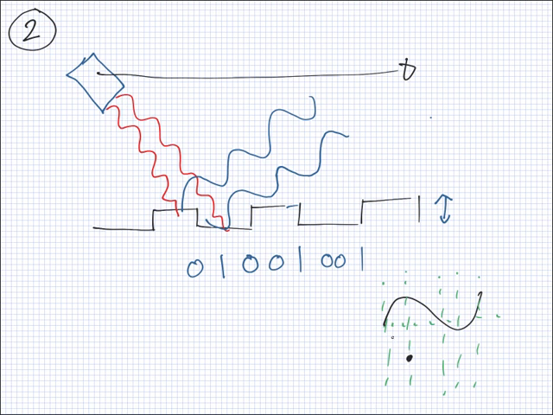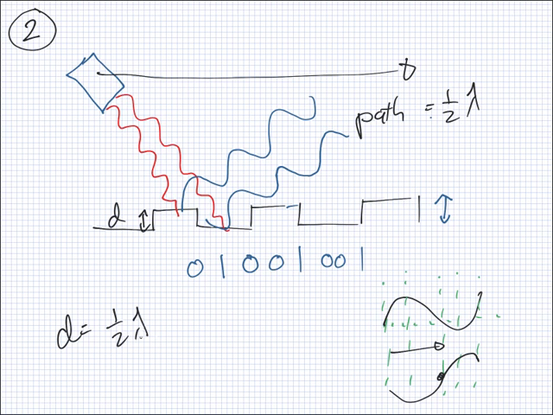No. I would need to move it half a wavelength, yeah. If I move it half a wavelength, then it'll cancel. So it means here the path difference is half a wavelength. And that path difference is caused by this distance. So it means this distance here should be half a wavelength.